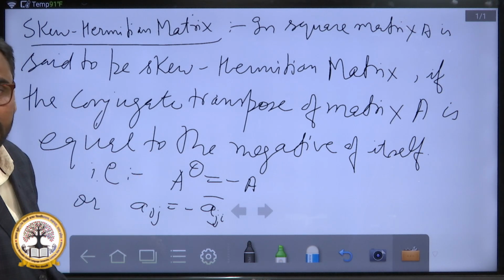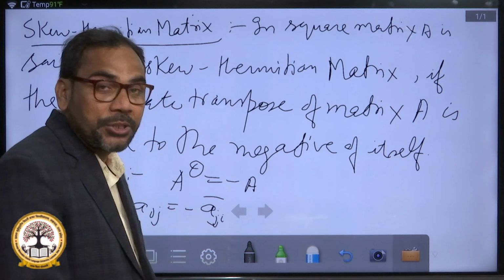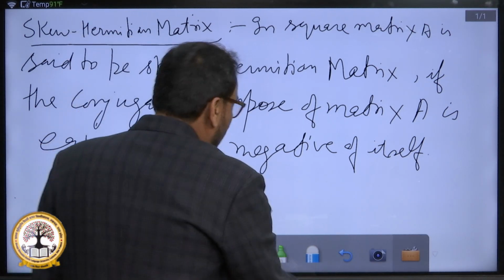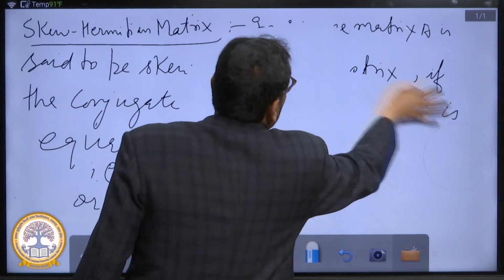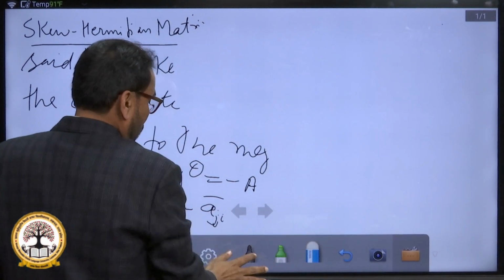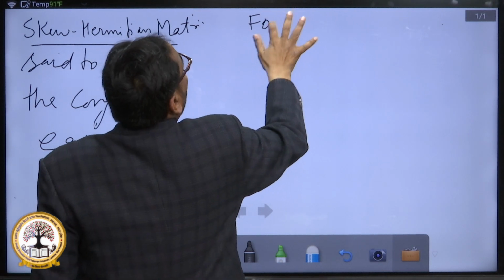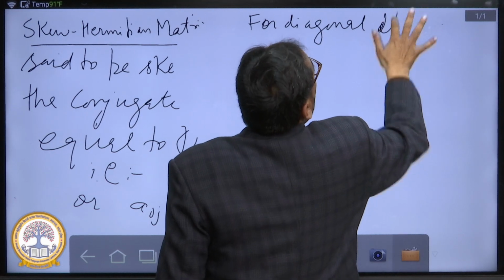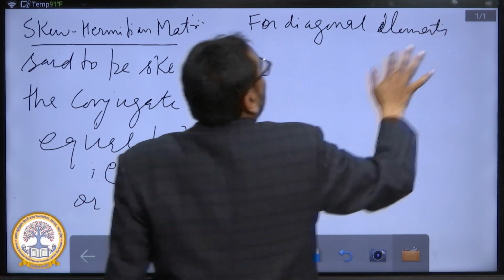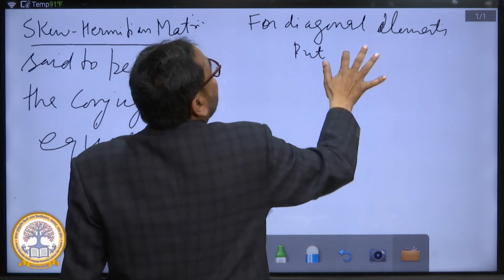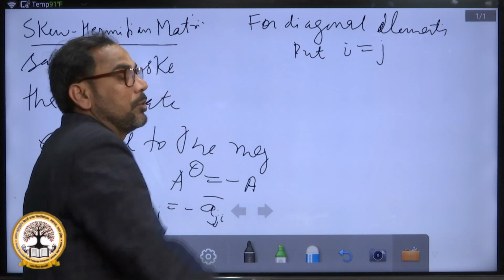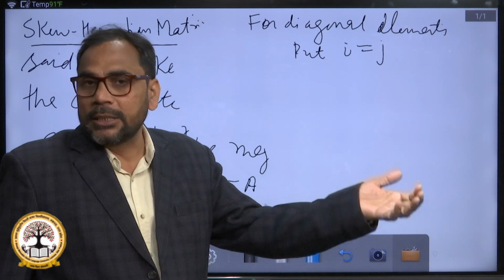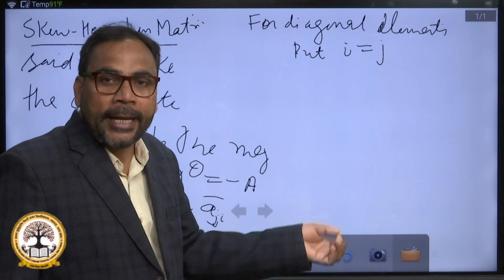And in a skew Hermitian matrix, we see the diagonal elements. So we write for diagonal elements, put i equal to j. The diagonal elements are a11, a22, a33, a44 up to ann.